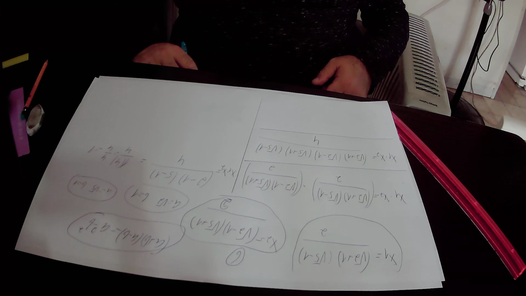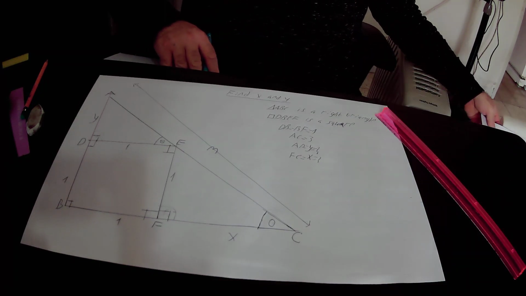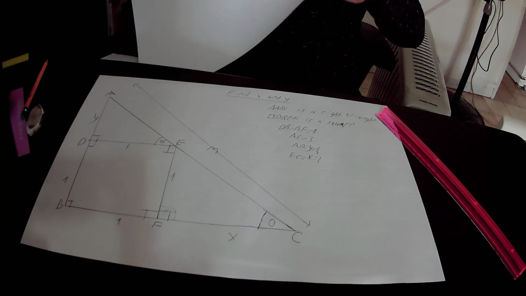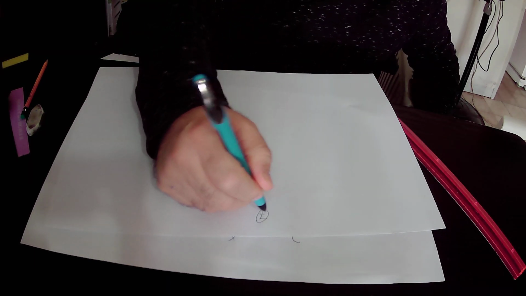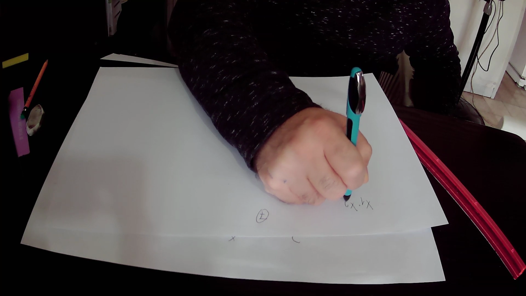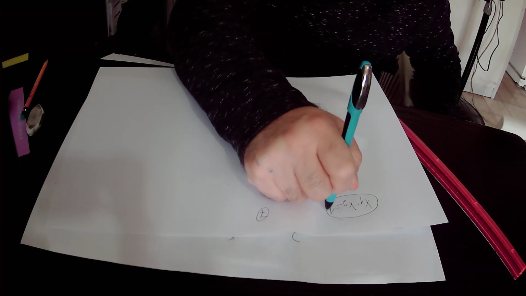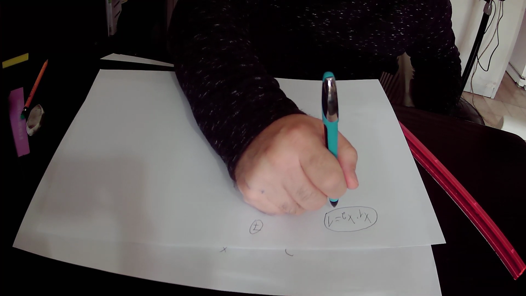So we actually found out that x1 times x2 is equal to 1. What does it mean that x1 times x2 equals 1?